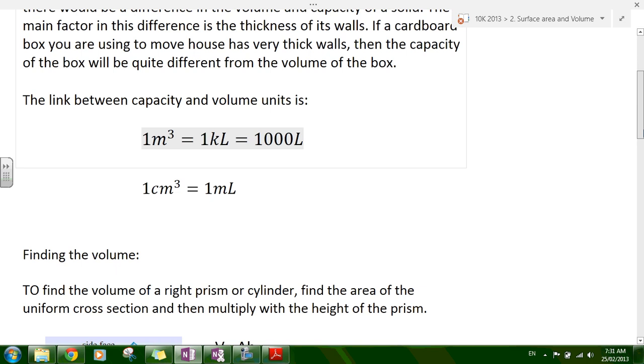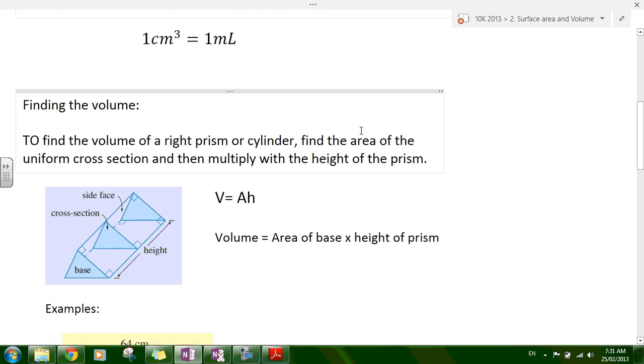Now, finding the volume of a right cylinder or a right prism is actually very straightforward. Much more straightforward than the surface area, which can get very tedious. So to find the volume of a right prism or cylinder, you find the area of the uniform cross-section. So in this case, these blue triangles, showing that wherever you cut it, it's going to be the same shape.